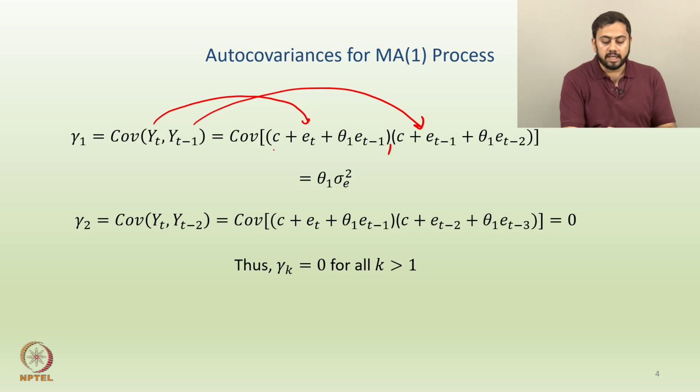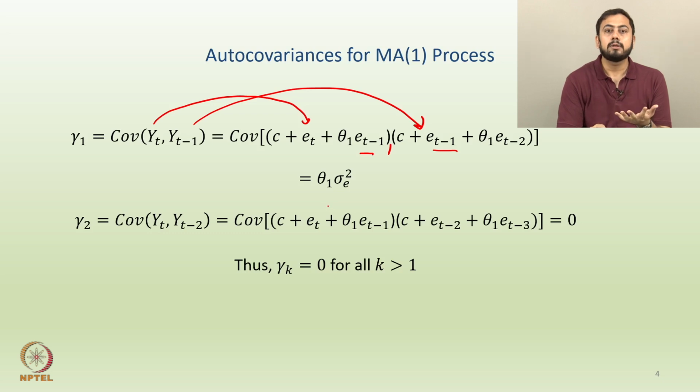Now finding covariances of such a structure is very easy. What you do is spot similar subscripts. Wherever you see similar subscripts, for example t-1 here and t-1 there, the covariance essentially reduces to variance. For all the other terms where the subscripts are not the same, the covariance would be 0, because you are finding the covariance between error terms with different subscripts.